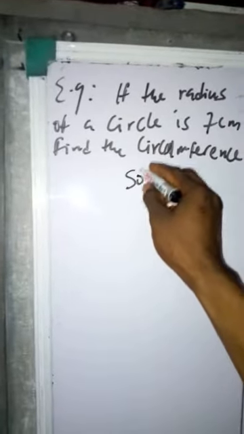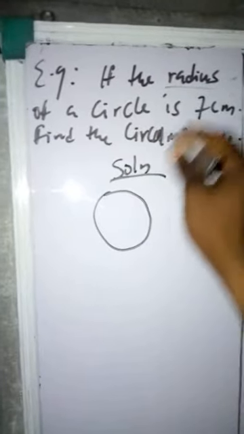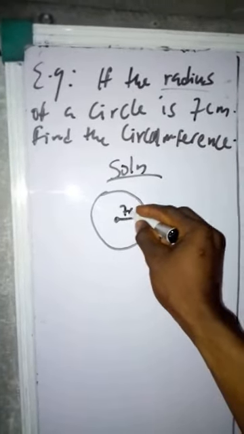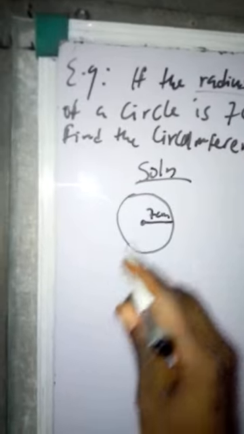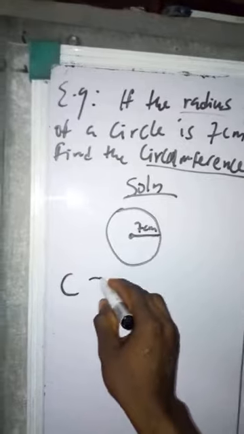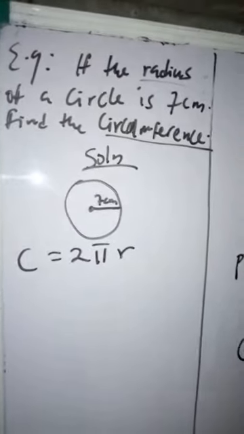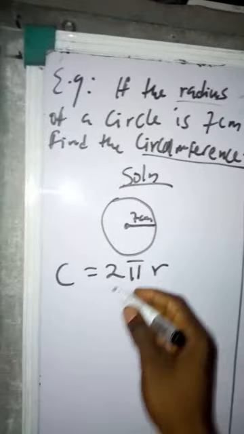This is very, very simple. When we put down the solution, I will always be drawing this so that the radius is 7 cm. You see it now? But the circumference is what they're asking us. Look at the formula. Circumference equals 2 pi r, which means 2 times pi times r. That is what it means.